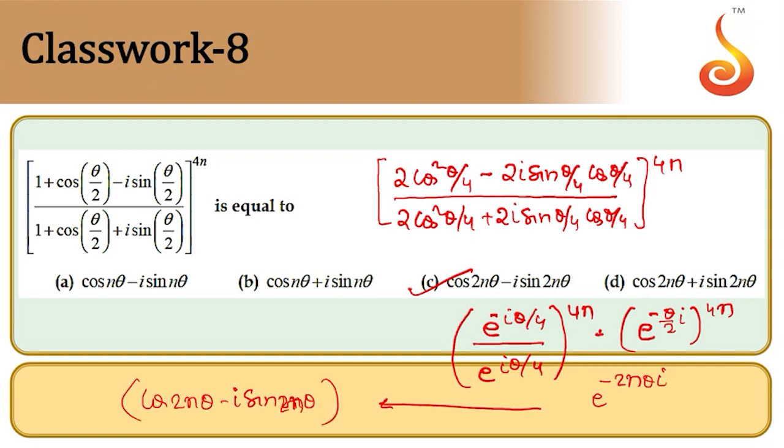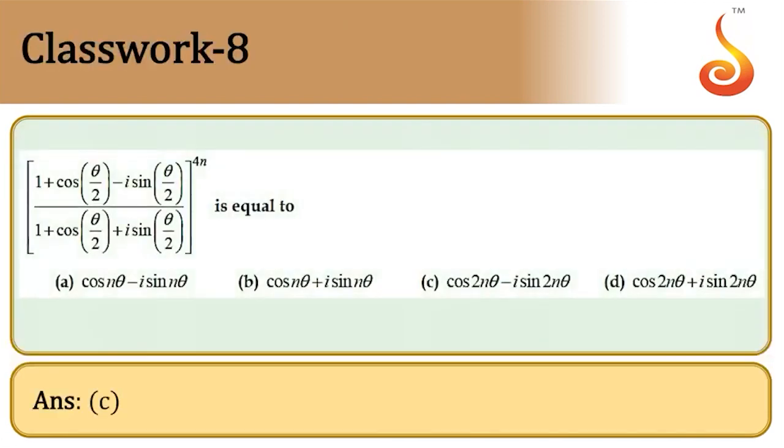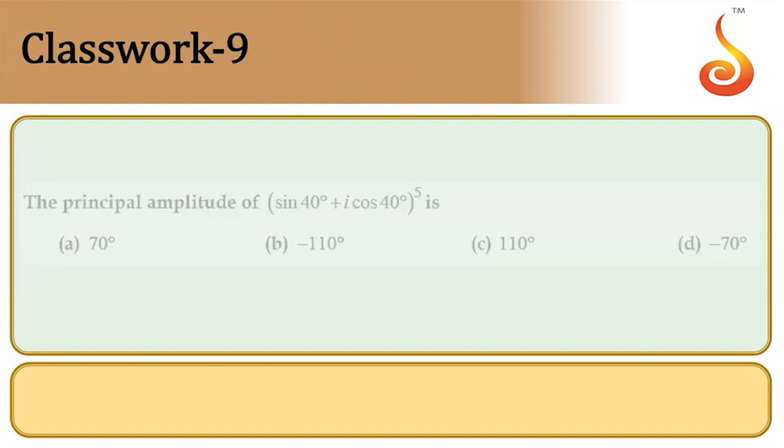Option C. So we use De Moivre's theorem: cos theta plus i sin theta to the power n is equal to cos n theta plus i sin n theta. Option C is correct.